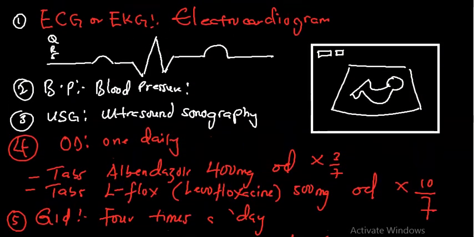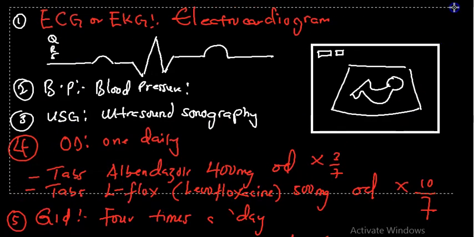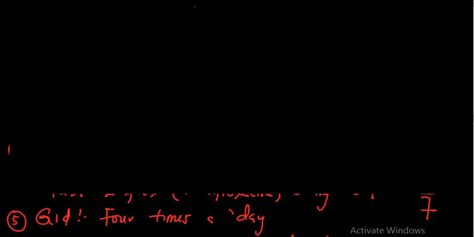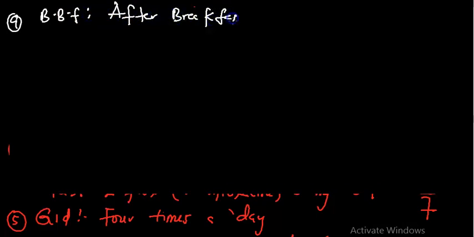So next thing we have on the list, we have the BBF. I think that's number 9. BBF simply means before breakfast. In this case, some antibiotics can be taken with or without food.